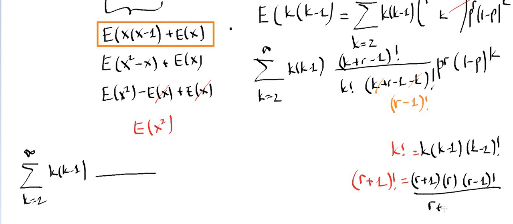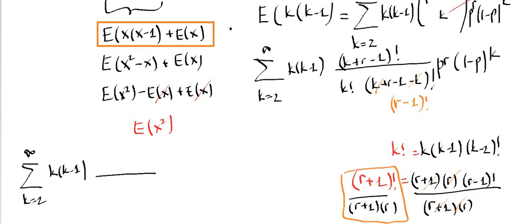If you divide both sides by (r plus 1) times r, you can see that (r minus 1) factorial is equal to this expression. So instead of (r minus 1) factorial here, we're going to use this expression.